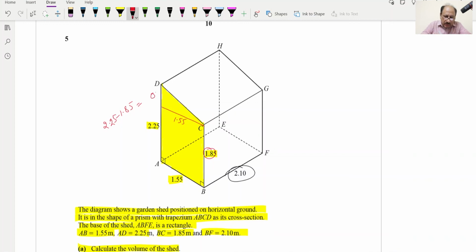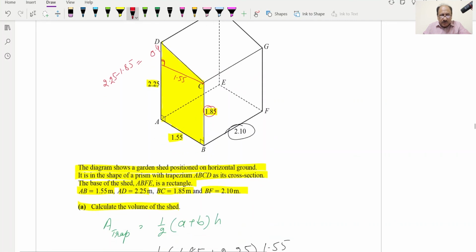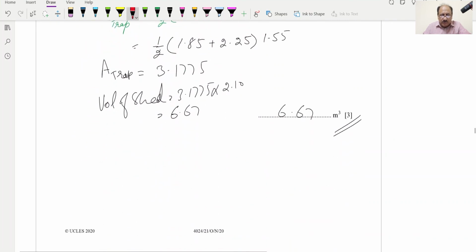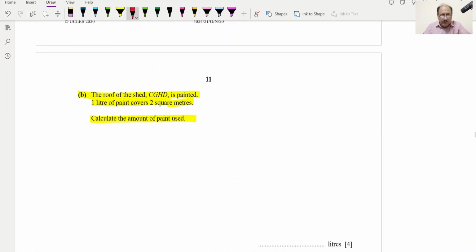So this side is 0.4. Now in this triangle, this is a right angle, a right angled triangle, so we can find DC by applying Pythagoras theorem.